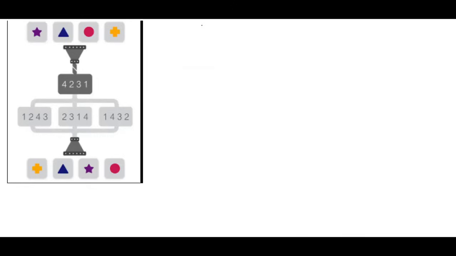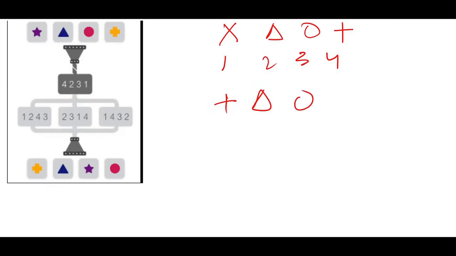So let's solve this one also. We have star, then triangle, then circle, and then plus. Okay, so they are saying 4 2 3 1. So let's give the numbering 1 2 3 4. So 4, we will place plus here, then 2, we will place triangle here, then 3, we will place circle here. Then 1, we will place star here. So this will be our sequence.